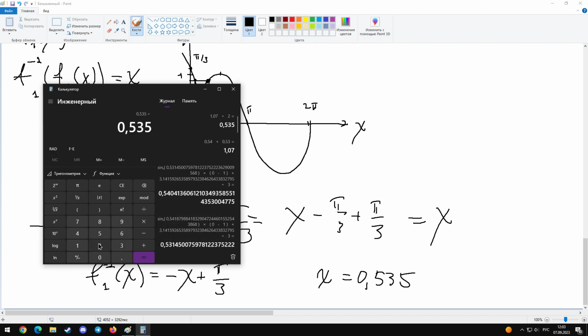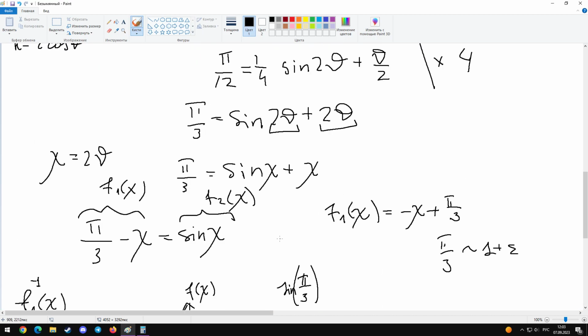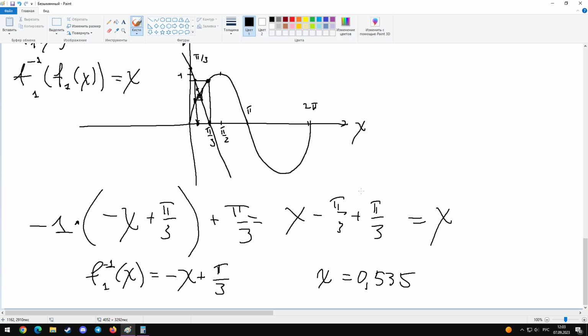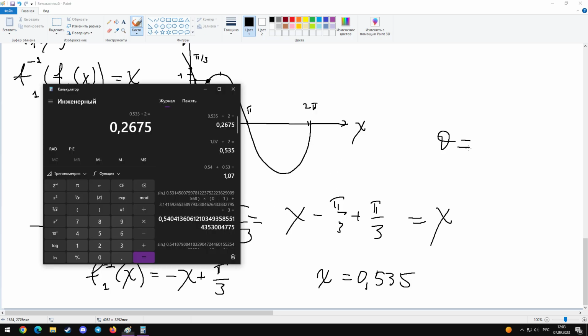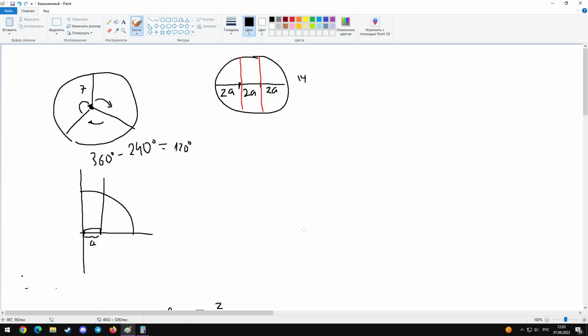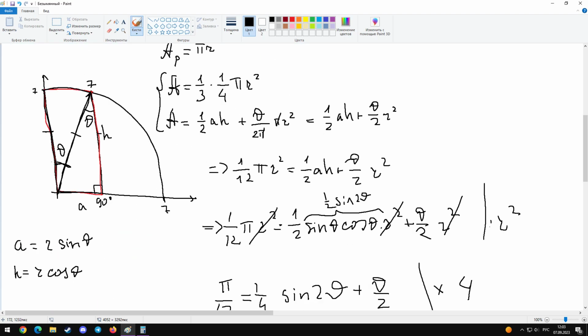Now I divide it by 2, because actually x is 2 times bigger than theta. So theta equals 0.2675. That's my theta in radians.